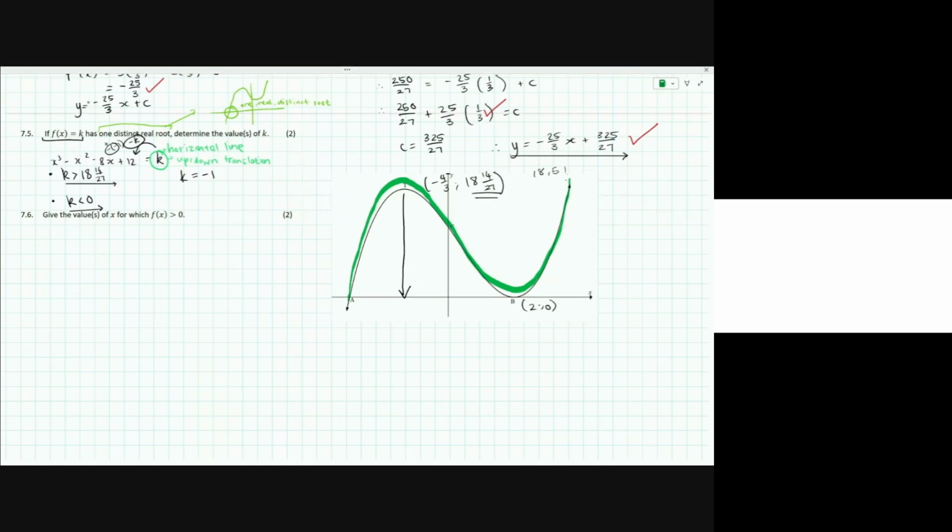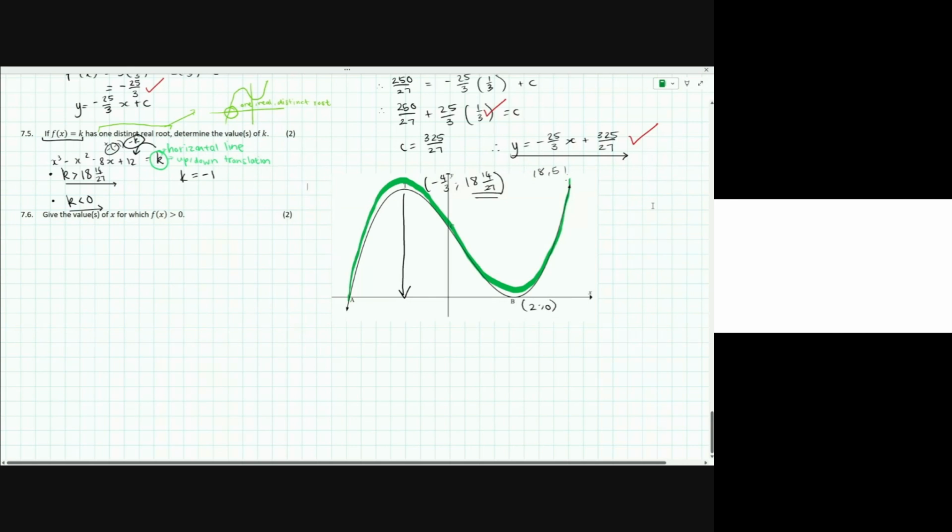So granted, I didn't draw a horizontal line, but if I did, this horizontal line would essentially need to cut my graph once. So this is cutting below the x-axis, so shifting that down, cutting once, so having to move that whole graph down to get one cut. So k will represent a shift up or down. That's the way I remember it because it's a constant.